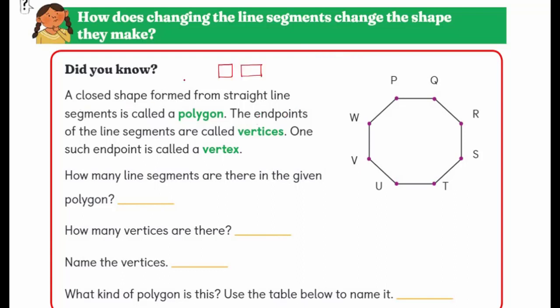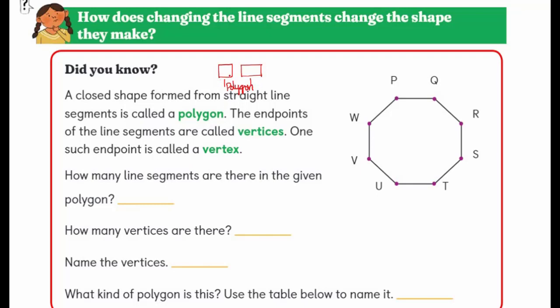A closed shape formed from straight line segments is called a polygon. This is a polygon. This one is also called a polygon because these shapes are made of straight line segments.